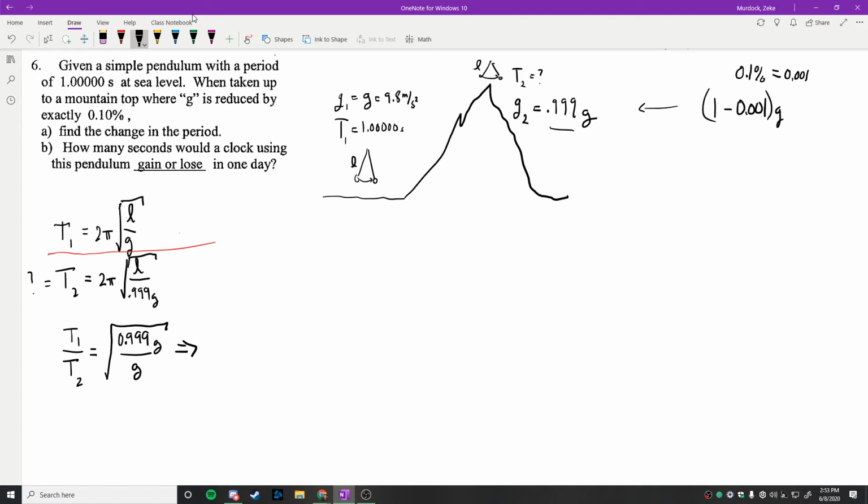Which really means that T2, let's see if I get this right, we're going to have to solve for that. So I think what we're going to get is that T2 is equal to T1 divided by, you see the g's cancel here and here, the square root of 0.999.